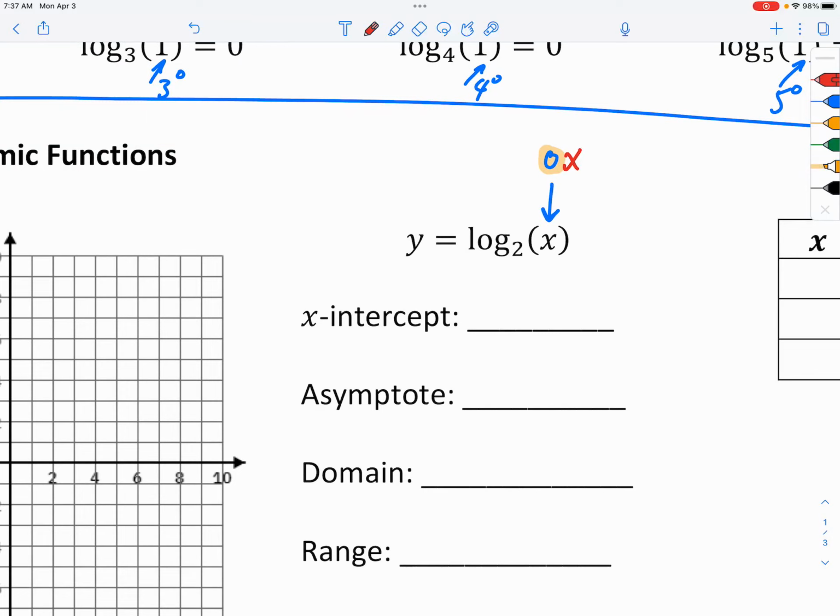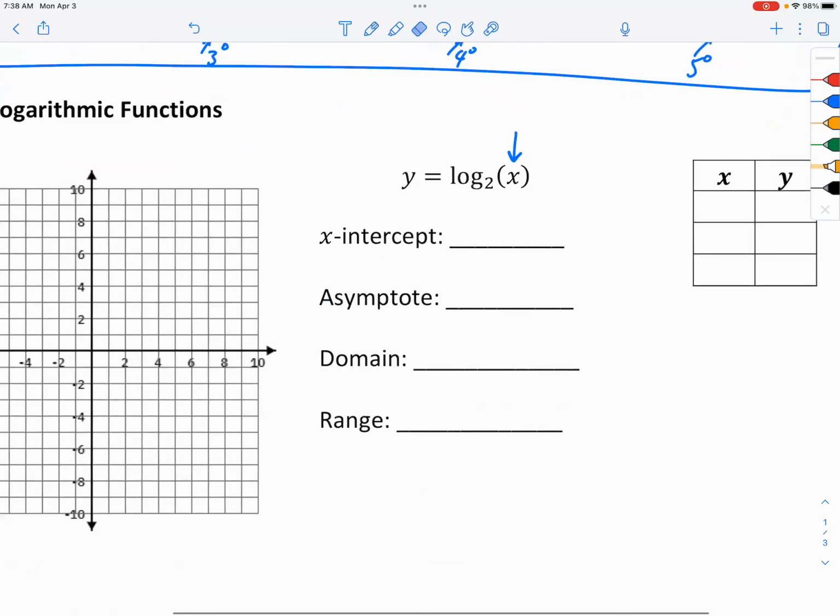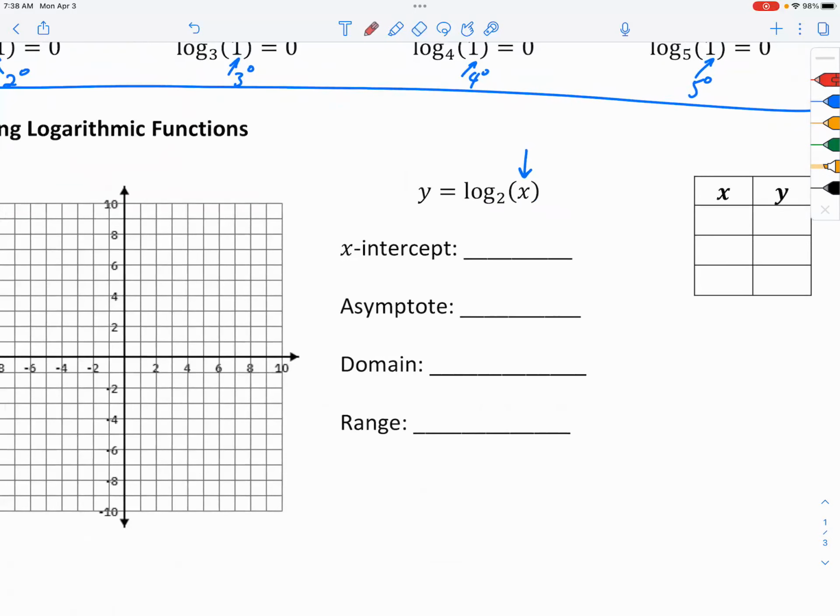Same thing. So you cannot rewrite the 0 as 2 to any power. Okay, it's not possible. And because of this, I'm thankful for you suggesting that, because that makes my job a little bit easier to propose that we have a vertical asymptote right here.